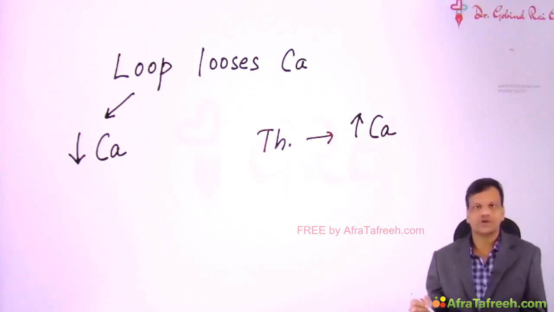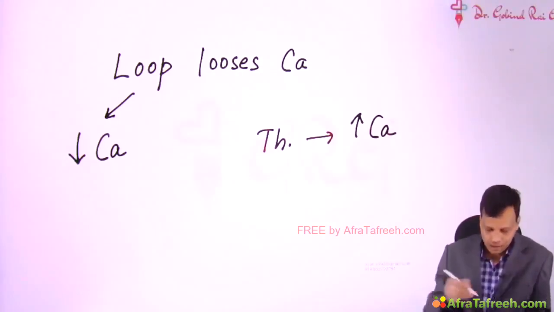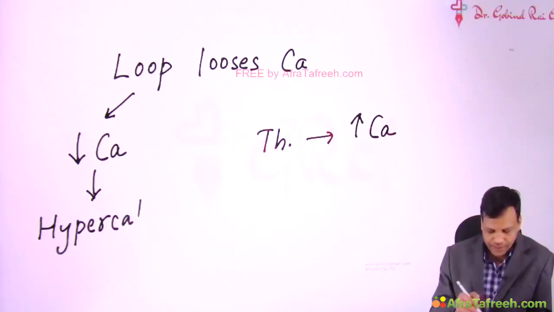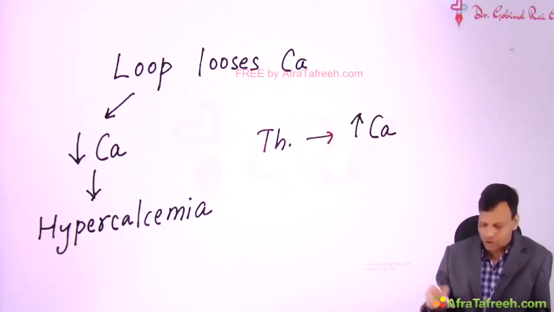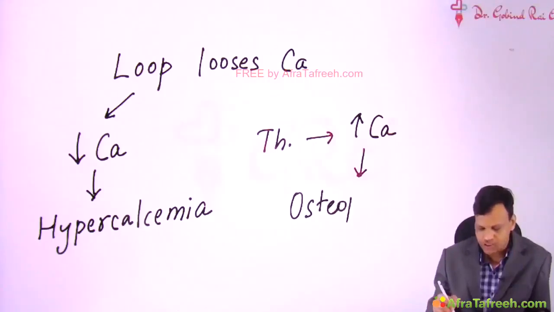Because loop diuretics cause hypocalcemia, they can be used for treatment of hypercalcemia. On the other hand, thiazides increase calcium in the body, so they can be used for osteoporosis.